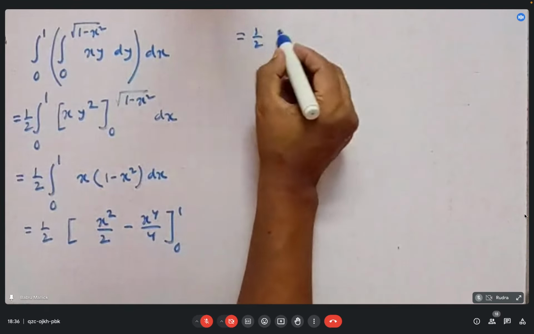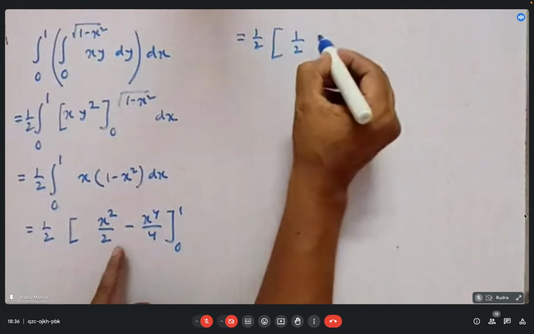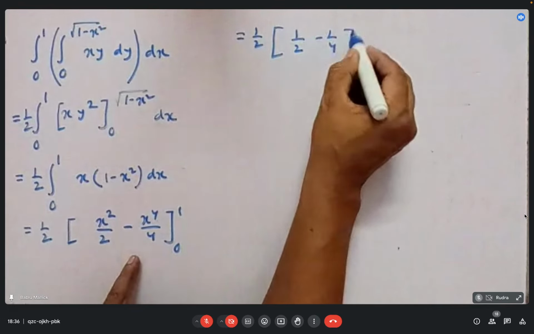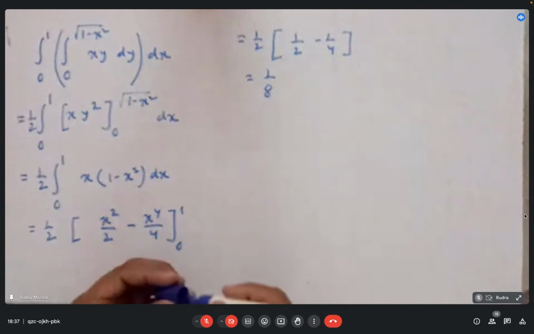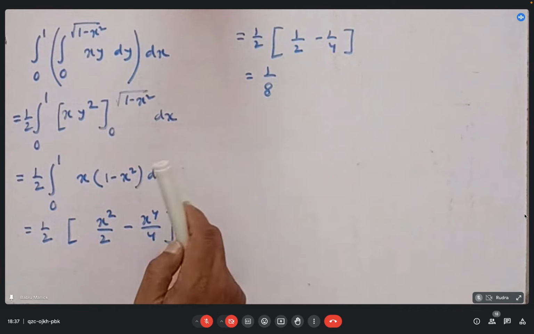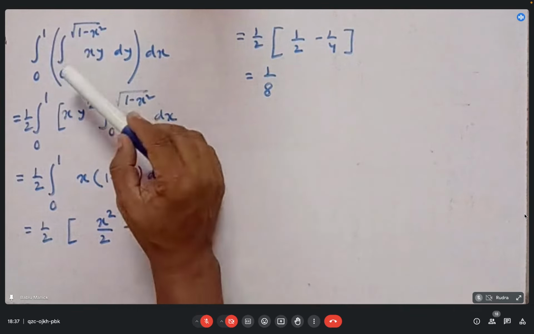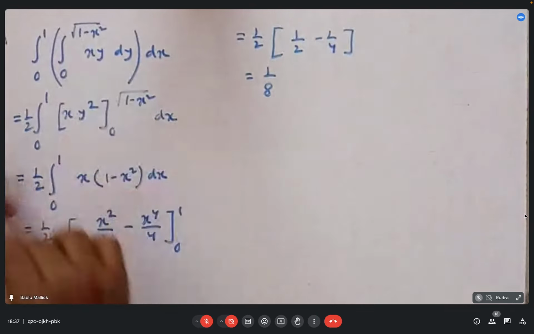It is 1 by 2 into, if I put x equal to 1, it is 1 by 2 minus 1 by 4. That is 1 by 8. That is the answer. So here we have done, look, directly the limit of x and limit of y.